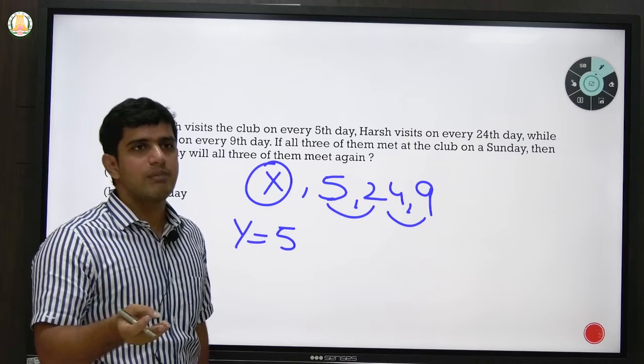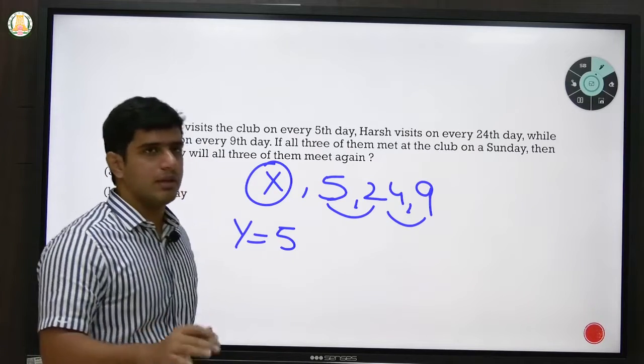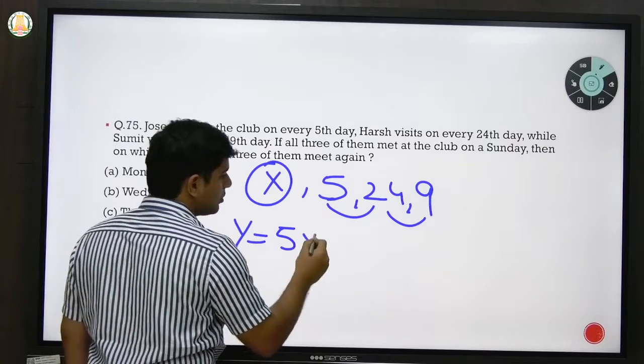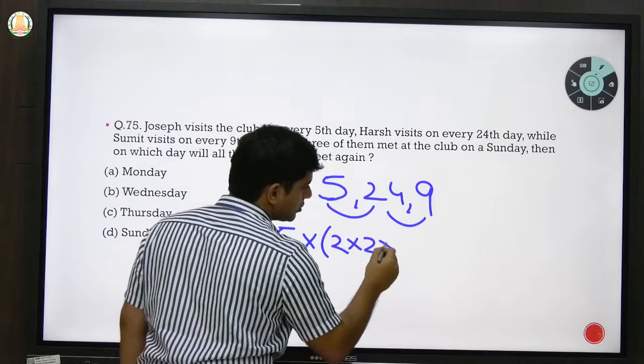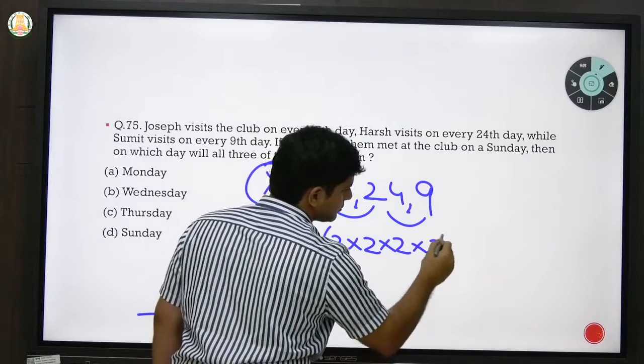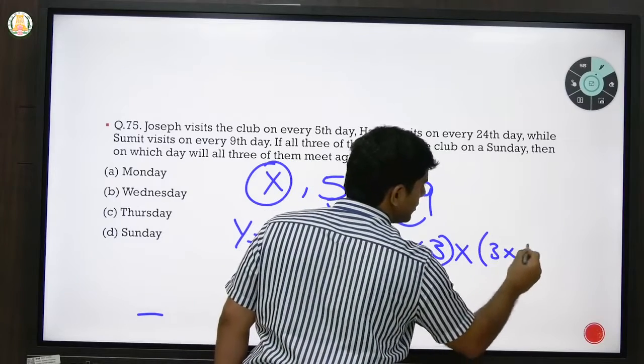What are the prime numbers? 2, 3, 5, 7, like that. So 5, and how do you represent 24? 2 into 2 into 2 into 3, all prime numbers. Then 9 as 3 into 3.